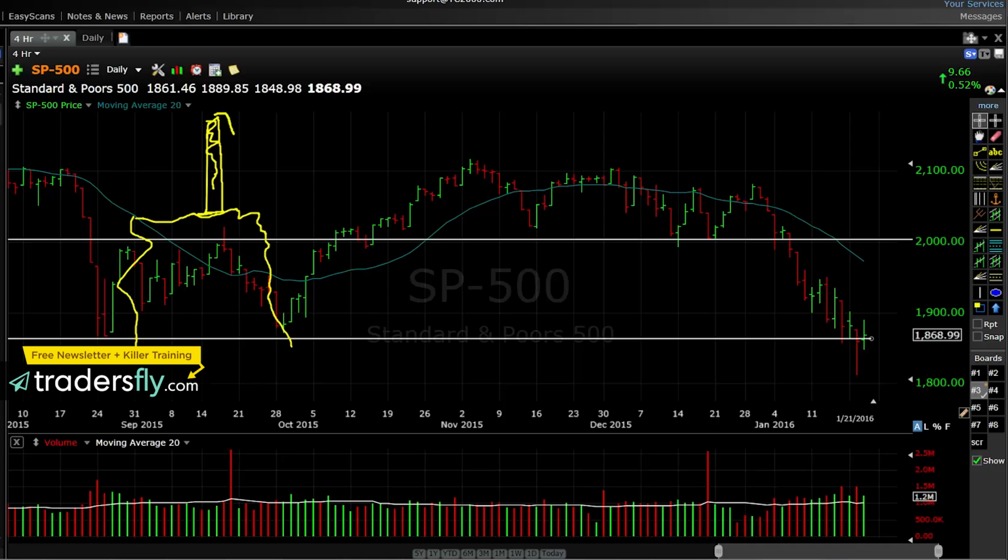Pretend that a cat is dying off of this building. When it's dead, it continues to fall, and the faster it falls from higher up, the bigger the bounce you'll get. Once it hits the side of this mountain, it's going to bounce a little bit, but only a little because it's dead. There's nothing there for it to jump up and be alive, and it'll continue to roll back over and fall down the mountain. The part where the bounce happens is the same thing in stock market terms.